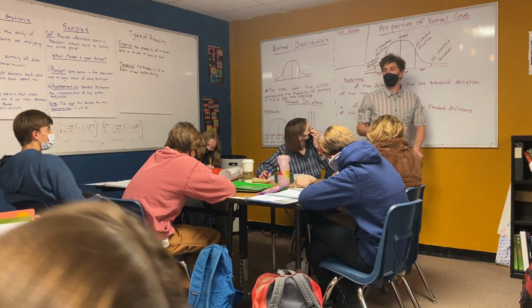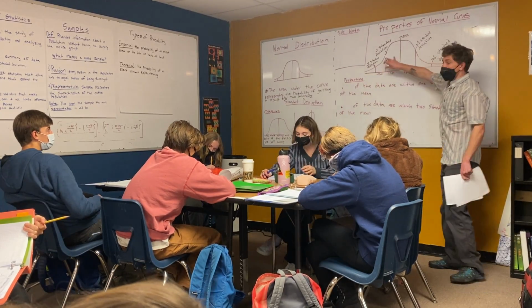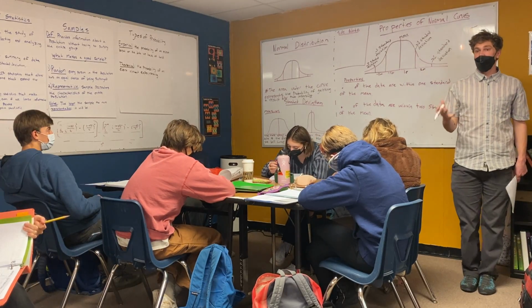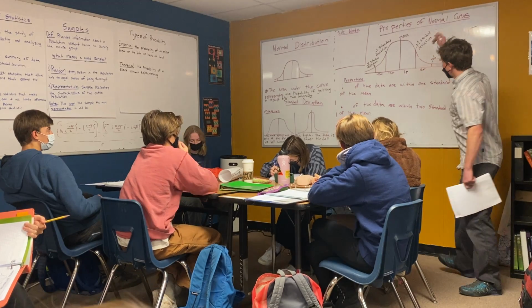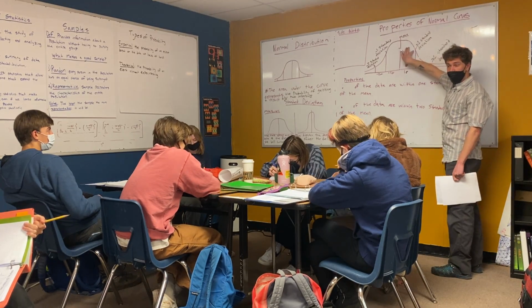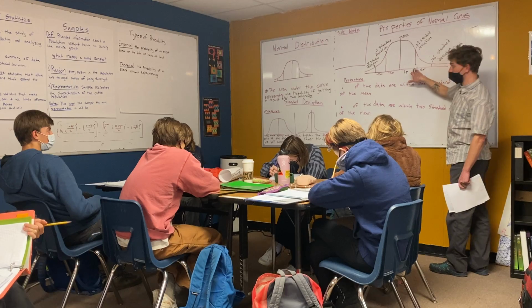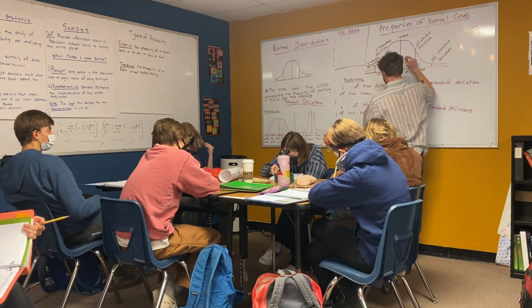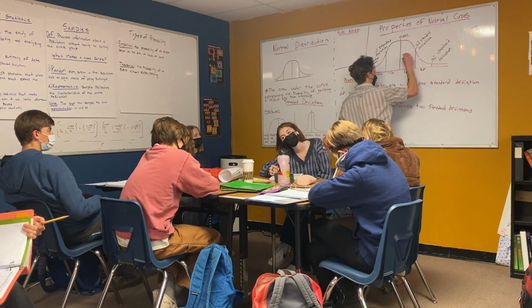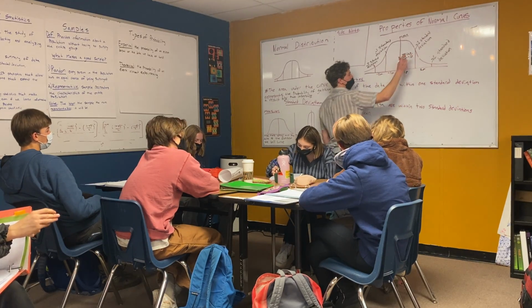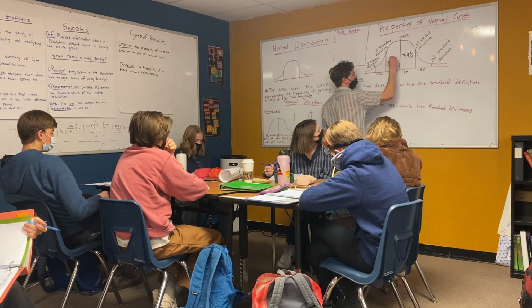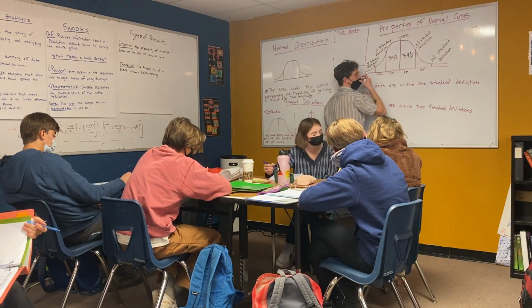And so one thing I want to highlight here, for every single bell curve I have, this is always true. These proportions are always true. So this area under the curve, from here to here, is always 34% of the data. Always. Similarly, if I go over one, this is also 34% of the data.